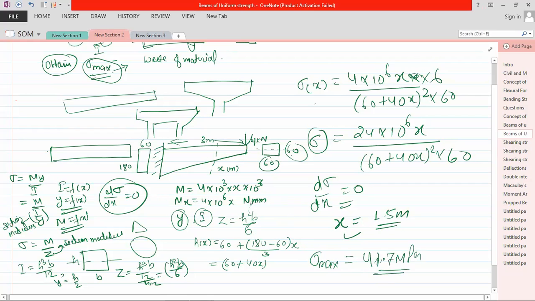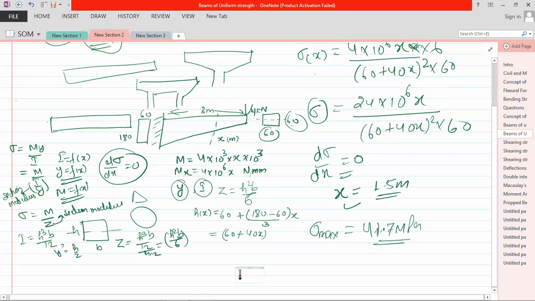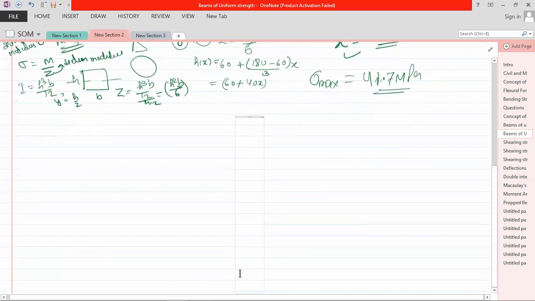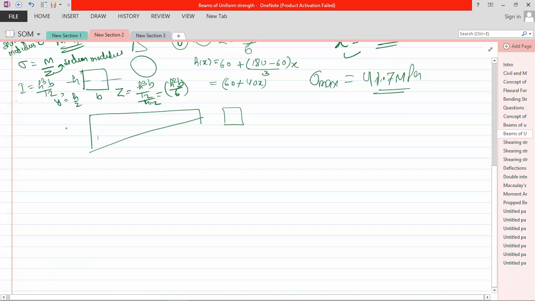So I hope there is no confusion with the students, because this is quite a complex thing. So I'm trying to explain it here again. The question that is given is, it is not uniform. It is just changing the height. The width is constant, the height is changing. Here it is 180, here it is 60. And take some arbitrary distance x.